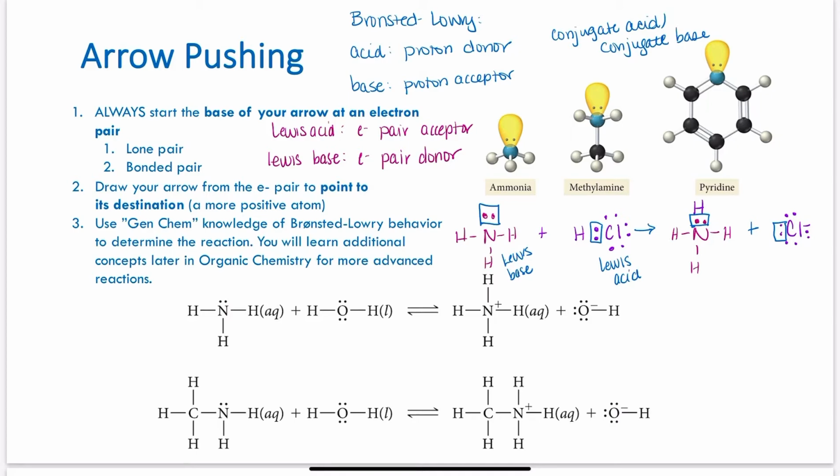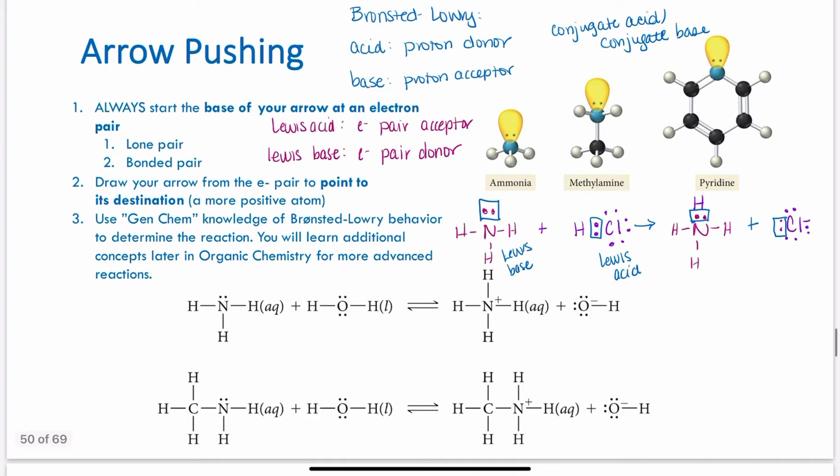So it still follows a Bronsted-Lowry acid-base definition. The NH3 is still accepting a proton, forming a conjugate acid of NH4+ or ammonium. HCl is still donating a proton, forming Cl- or our conjugate base. But it's also following our Lewis acid-base definitions, where this donates an electron pair, and this accepts an electron pair.